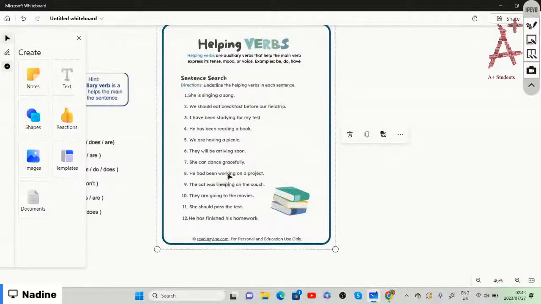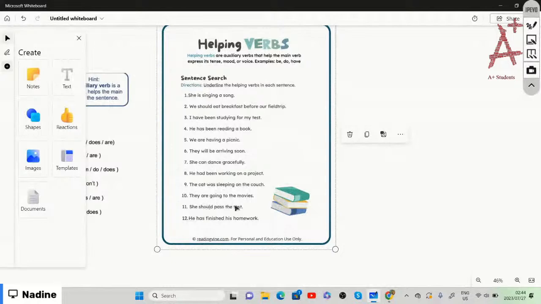So working is the main verb, and had been is our auxiliary verb, also known as our helping verb. The cat was sleeping on the couch. So was is the helping verb, and sleeping is the main verb.